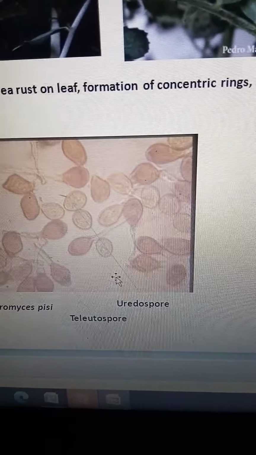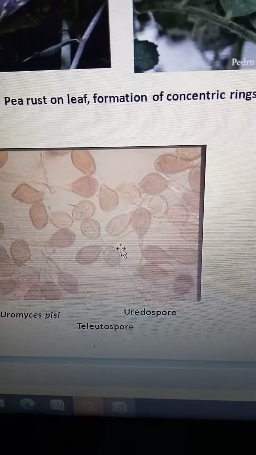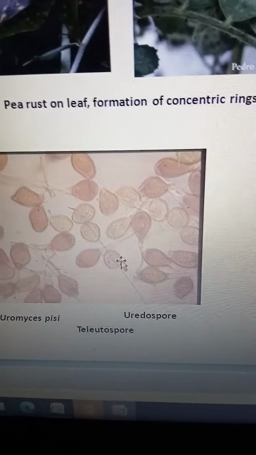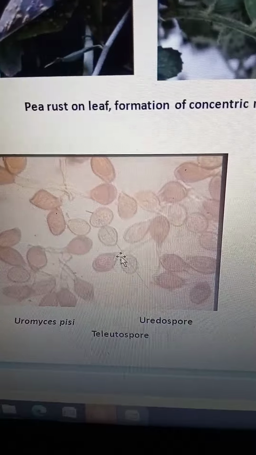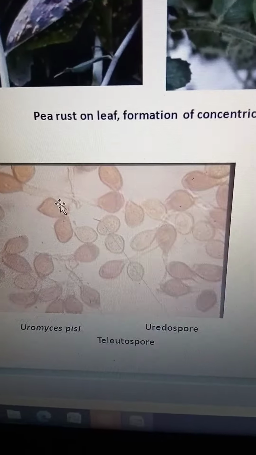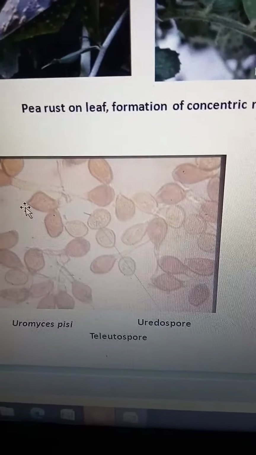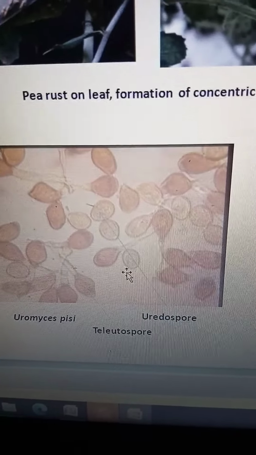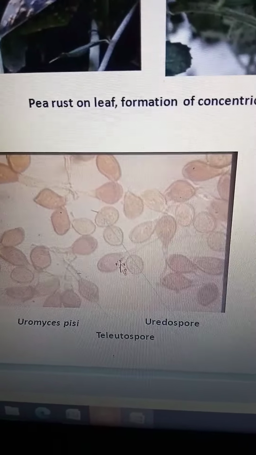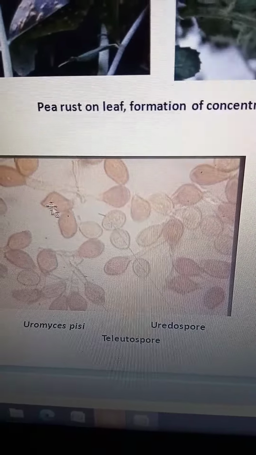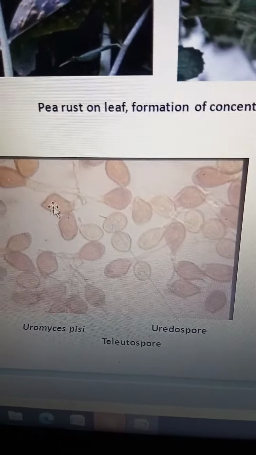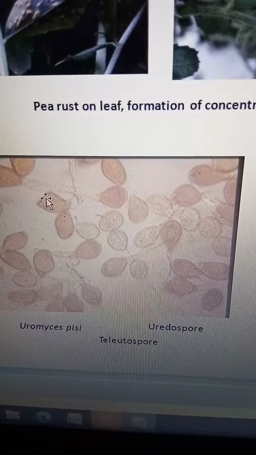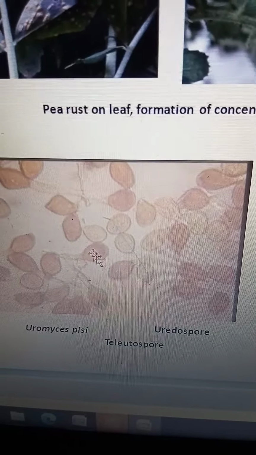One is urediniospore. Urediniospore will be circular in shape, and at a later stage teliospore will be formed. These are the teliospores which have a distinct papilla at the tip, and the coloration will be hyaline in case of urediniospore, whereas in case of teliospore the coloration will be orange or dark brown in color.